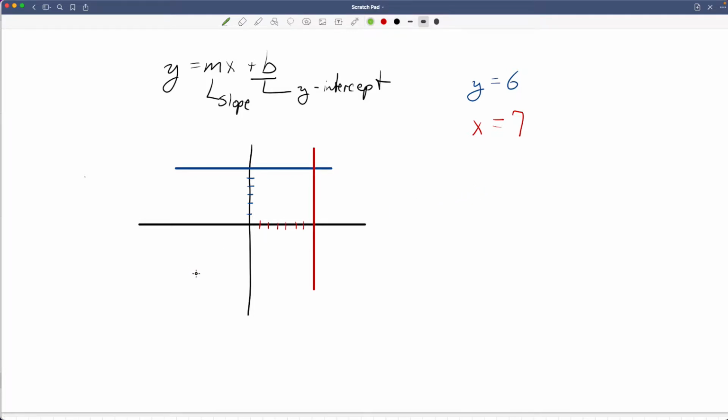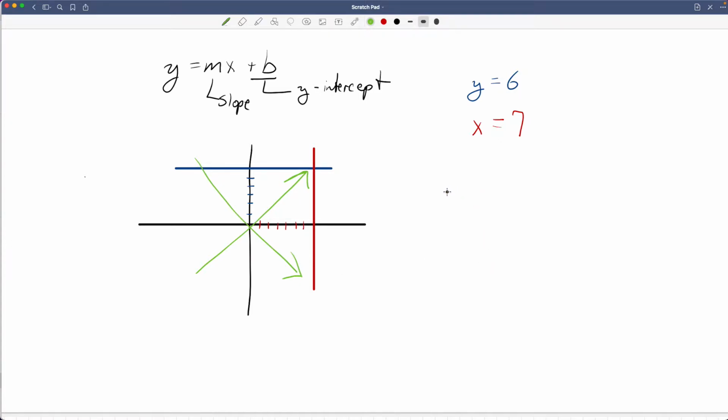That angle could be up from left to right, or down from left to right. If it is up from left to right, then it is a positive number in the slope field. If it is down from left to right, then it's going to be a negative number.